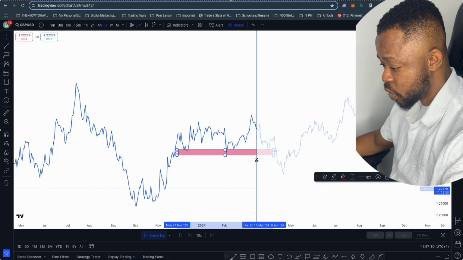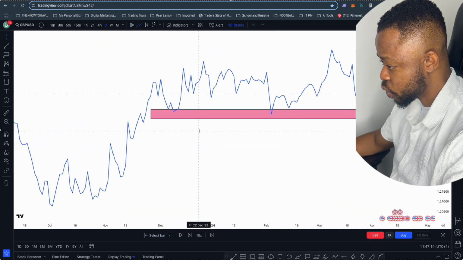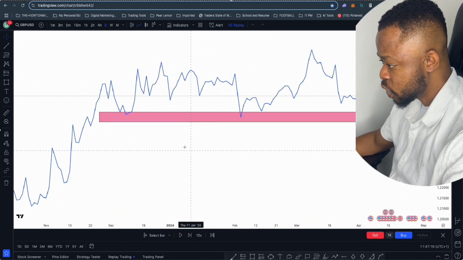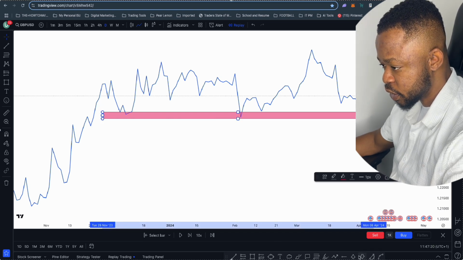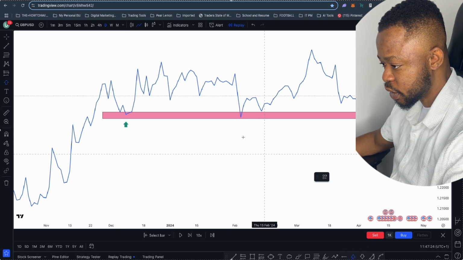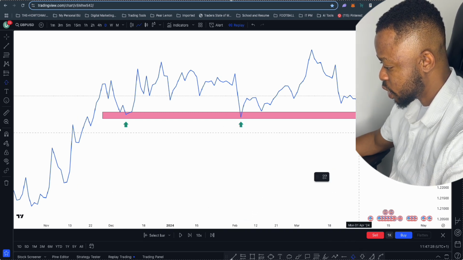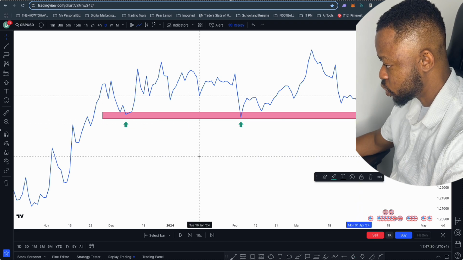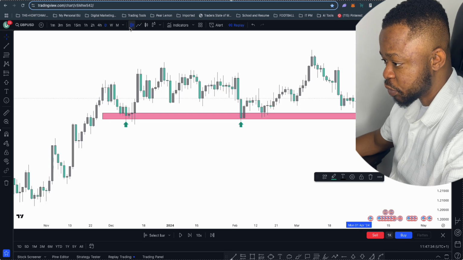Let me use my bar replay to have something really clean for us to work with. As I use the bar replay tool, you can see how price played in this area. One hit to the bottom right here, another hit to the bottom right here, and one more touch on the bottom right here. Now look at how this is playing on the line chart.